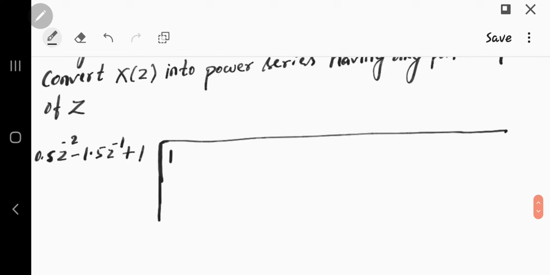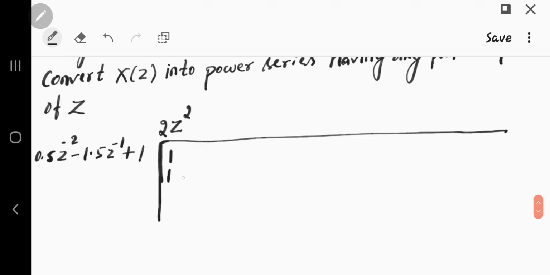Now as usual in the power series, the first term should be eliminated. To get 1, we have the first term as 0.5 z to the power of minus 2. So we have to multiply by z square, so that becomes z power 0. Now we have 0.5 as coefficient. If you multiply with 2, 2 into 0.5 gives 1 here.